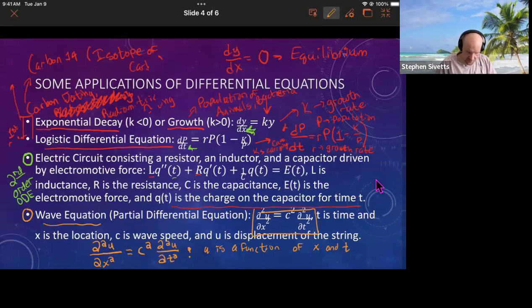So u is the displacement of where that particle is in the string. Okay. So these are just numerous examples of differential equations, how they model reality, right? So it's pretty exciting.